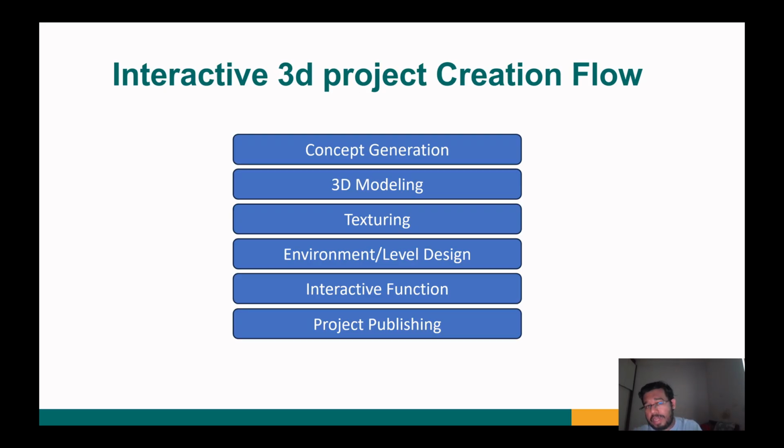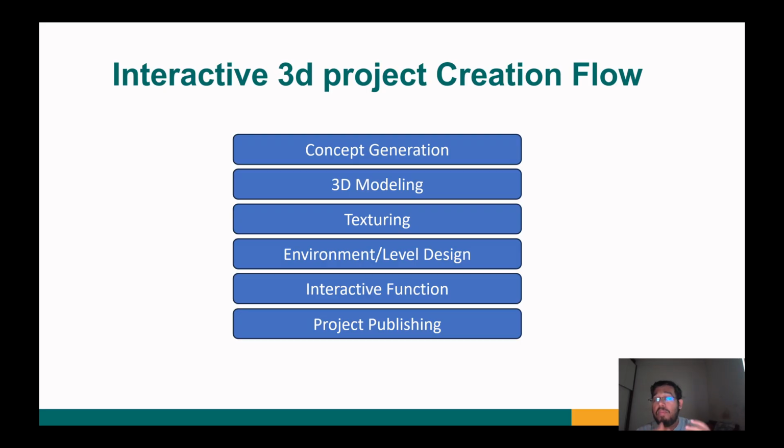I'm not talking about the 2D process here, because this playlist is about 3D, so I'm talking about 3D content generation. So you have to come up with a concept first of what you are going to do. There are a lot of processes in concept generation, like storyboarding and all that. I will cover it later.